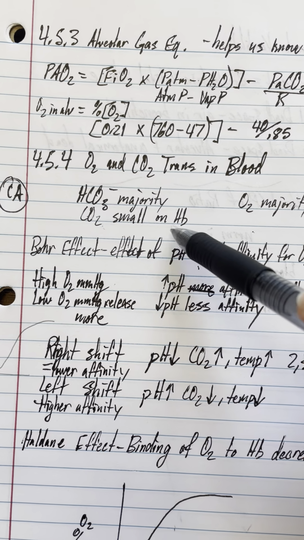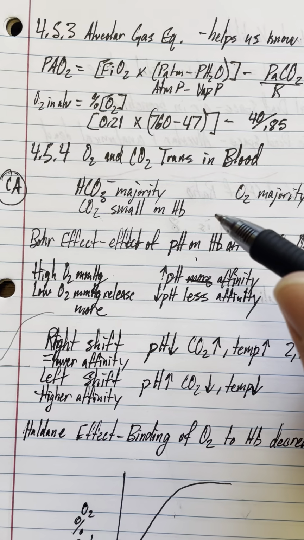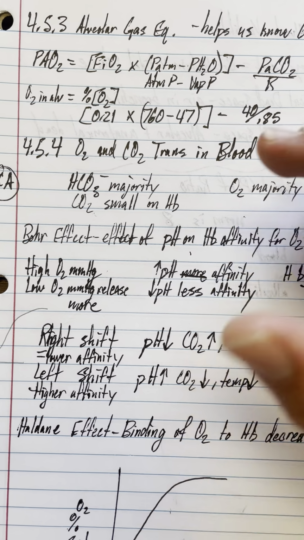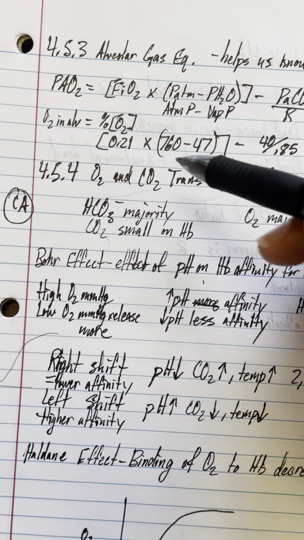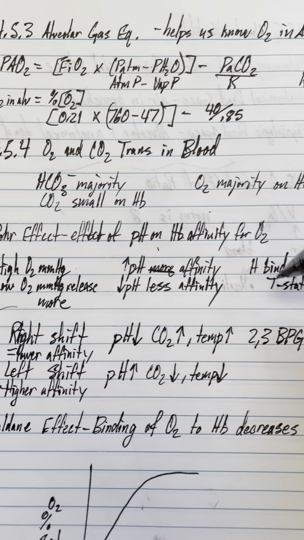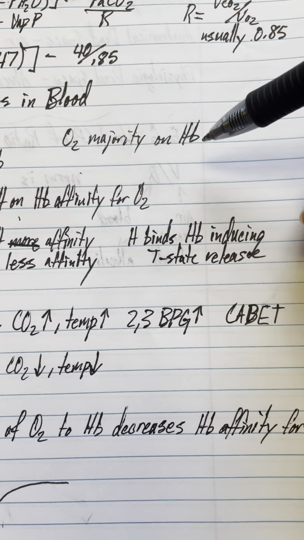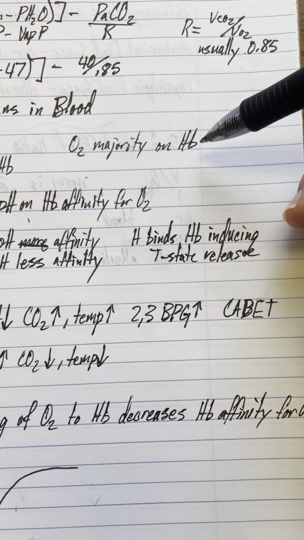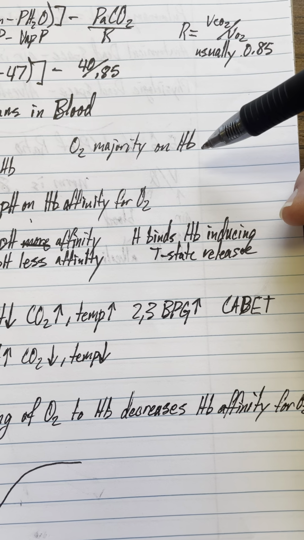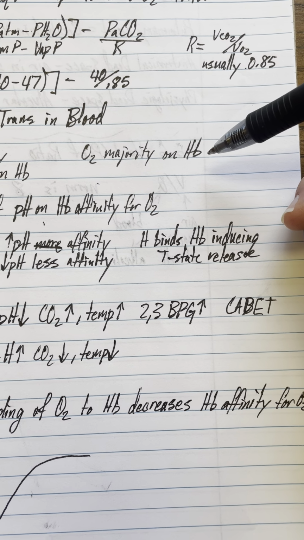So carbon dioxide, small, it won't bind to hemoglobin a lot. It doesn't travel in the blood. It's mostly converted to bicarbonate, and that allows it to travel in the blood freely. Oxygen, on the other hand, is taken up by hemoglobin. The majority of it is.